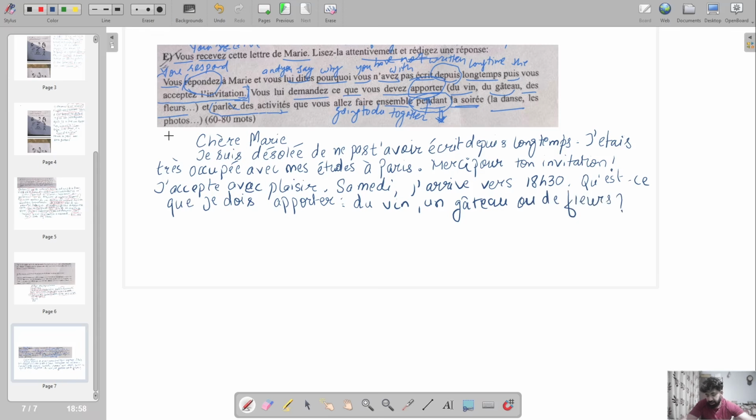Then it says that we have to ask about the activities we can do in the evening. So we'll write nous pourrons, we can dance, danser, and prendre des photos. So basically we can take photos together.